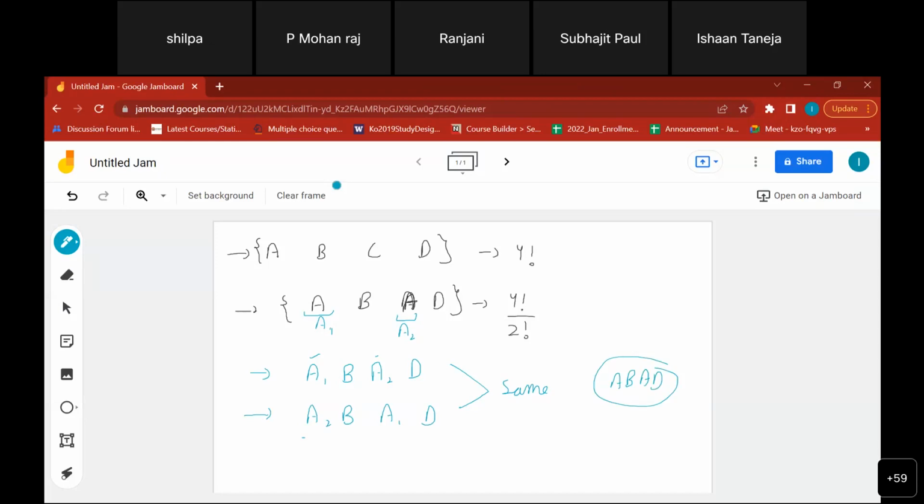So every 2 words make 1 word only. In general, if I am able to make 4 factorial, the unique ones would be only half of them; the rest would be the same.